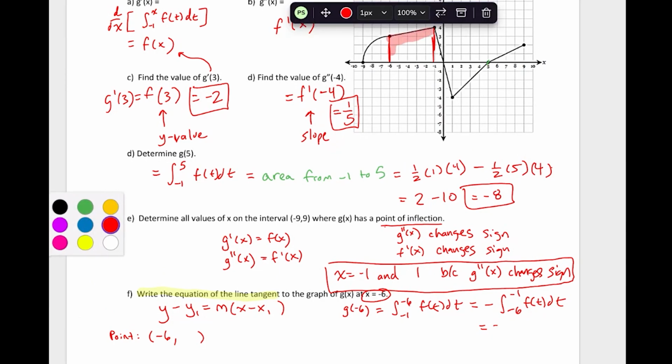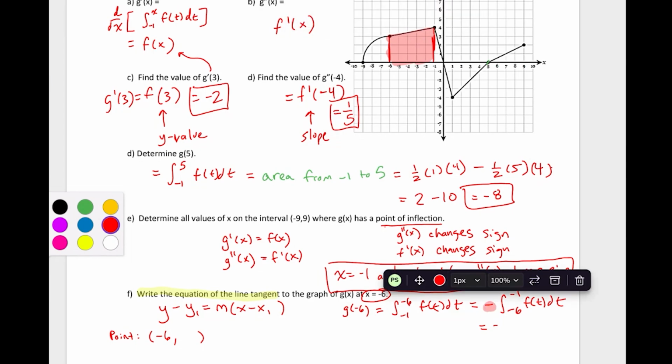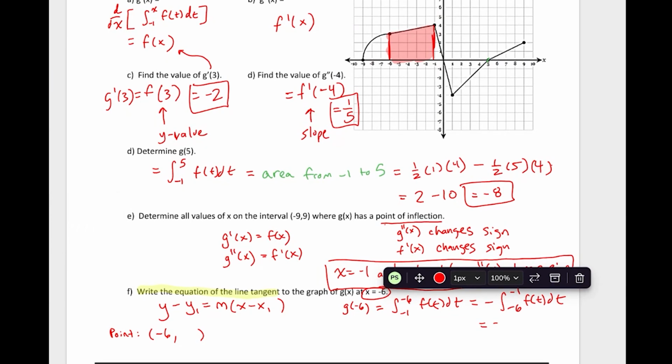Okay, I know it's above the x-axis, but because those boundaries were backwards, we do have to flip the sign on that area. So we've got a basic trapezoid here where we're going to average the two heights and then multiply by the base. So the base is going to be 5.